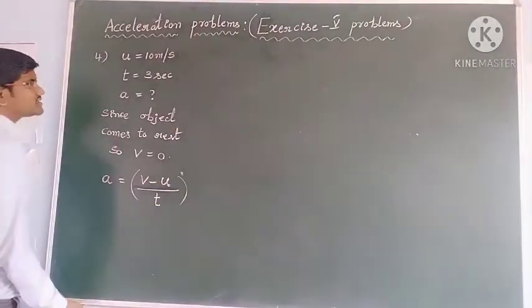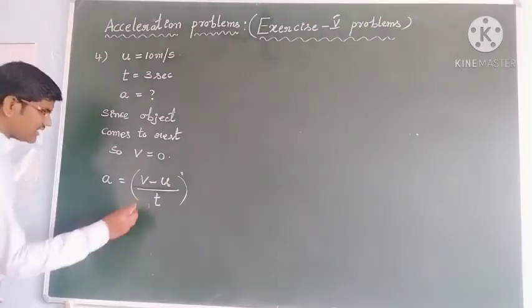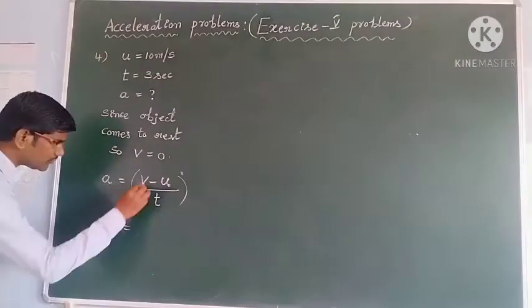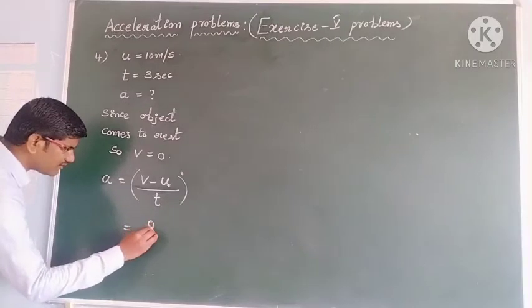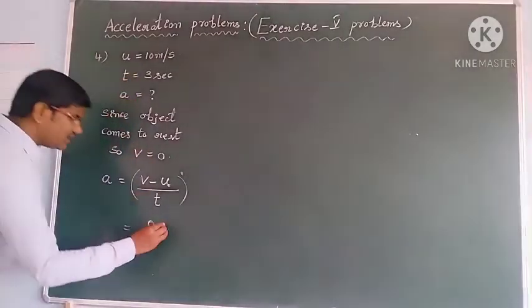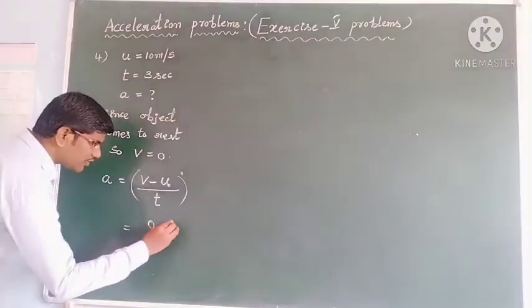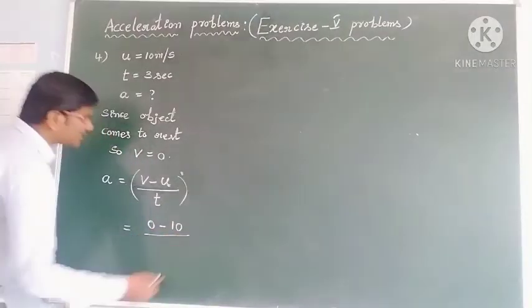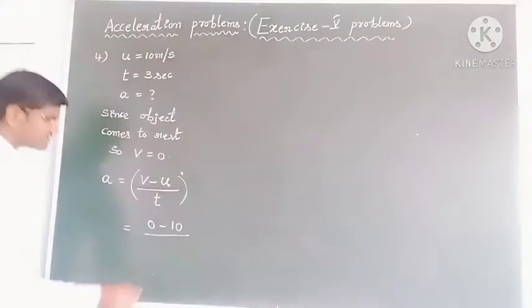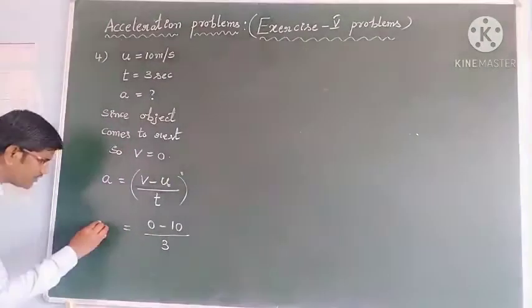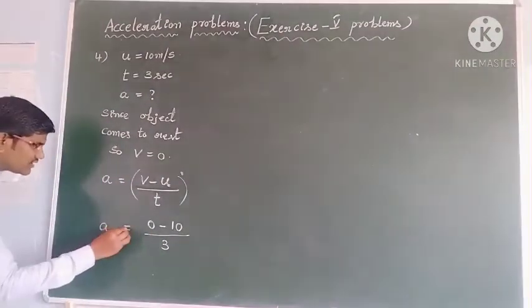Here the final velocity v is equal to 0, the initial velocity u is equal to 10, and the time is given as 3 seconds. Then you have to find deceleration a.